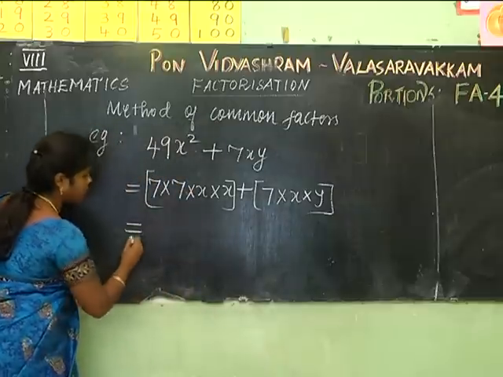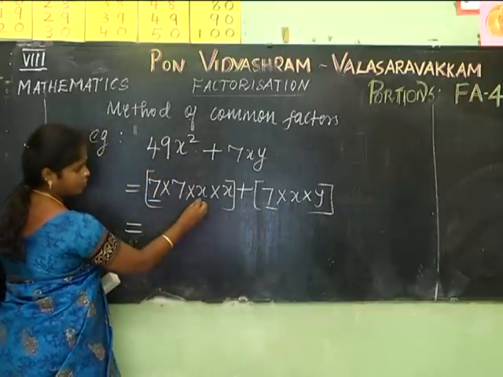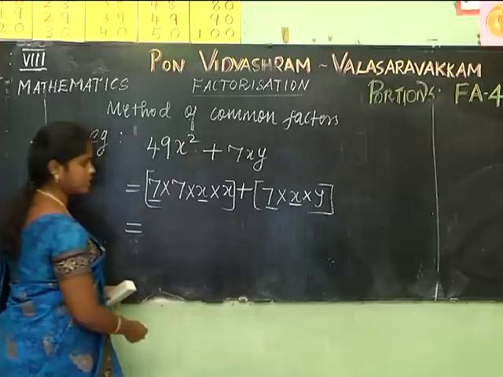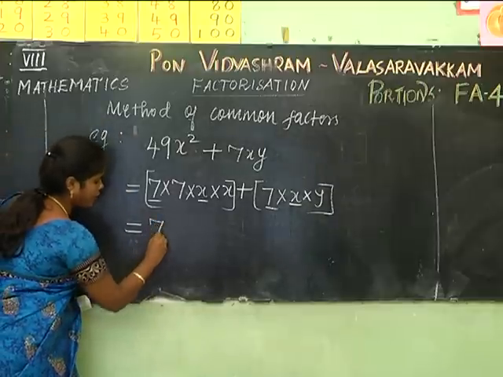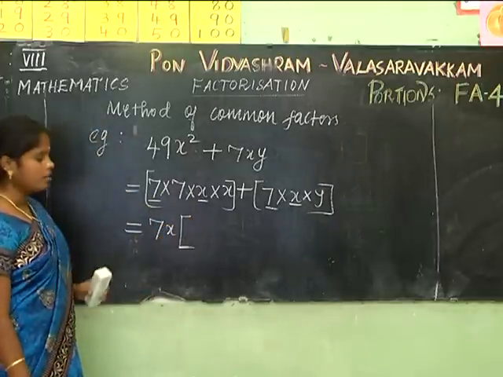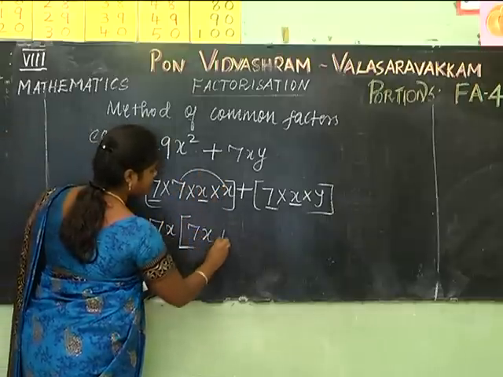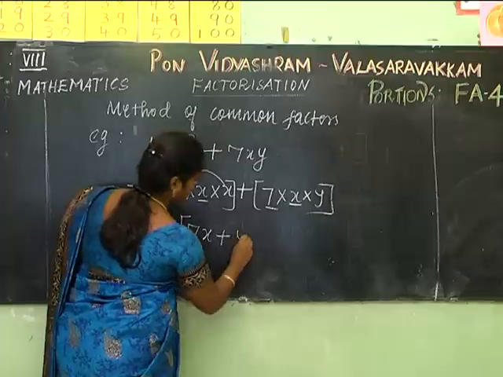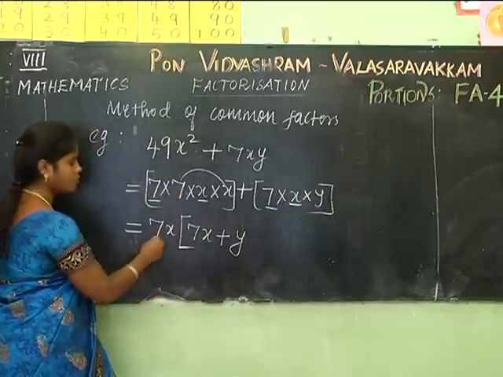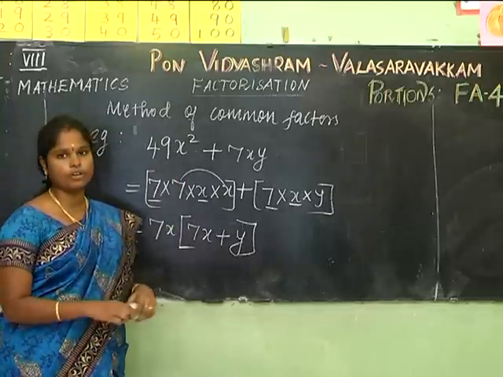Now check how many common factors are there. The number 7 is common and one variable, x, is common. So we'll take the common factors out: 7 into x, 7x, then open the bracket and write the remaining terms inside the bracket. 7 into x is 7x, plus y. Already we took 7x out, so 7x plus y. So this is the required factorization of this polynomial.